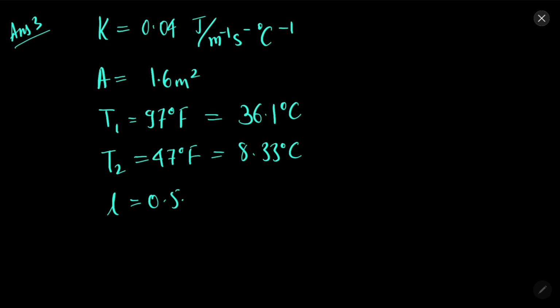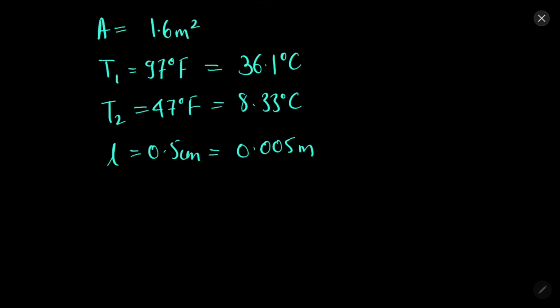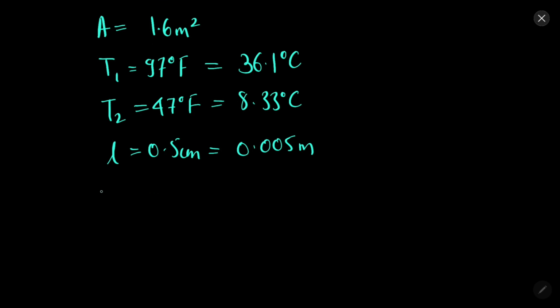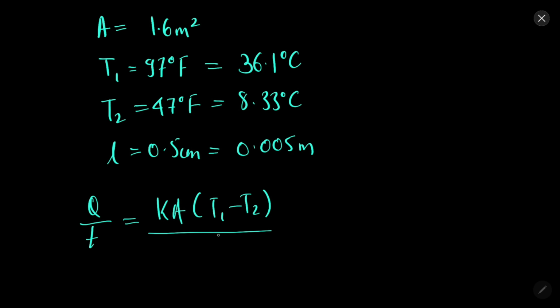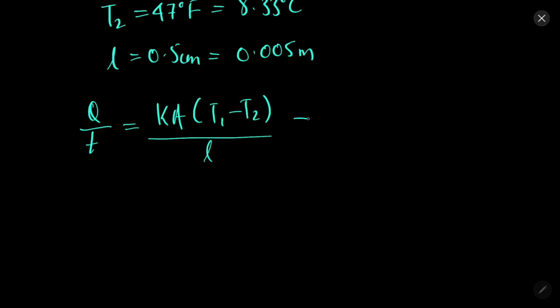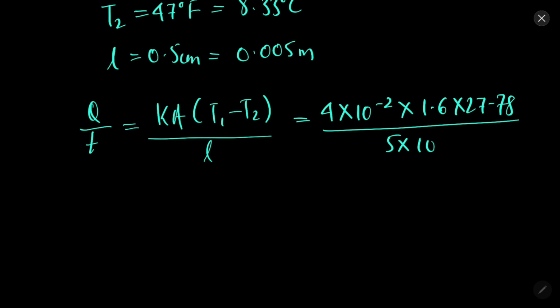Length is 0.5 centimeter, 0.005 meter. So Q over T equal to Ka T1 minus T2 over L. 4 into 10 to the power minus 2 into 1.6 into 27.78 over 5 into 10 to the power minus 3. So Q over T will come out to be 356 joule per second or 356 watts.